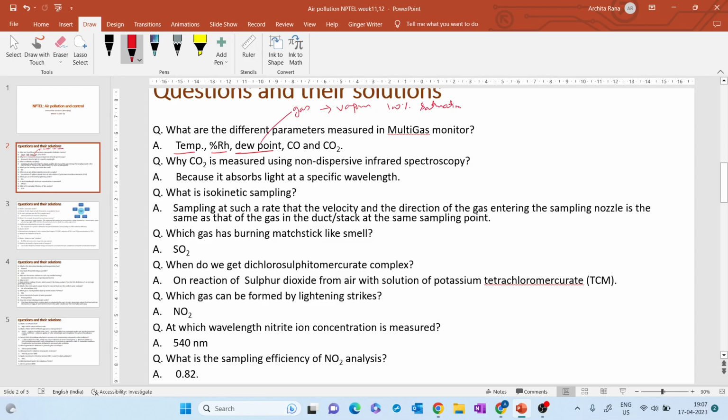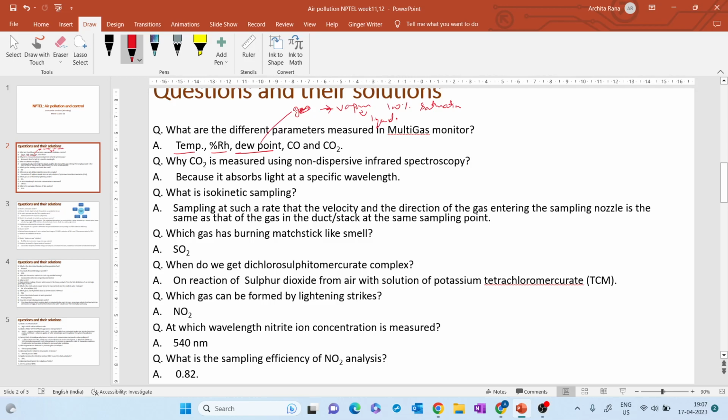So dew point is that temperature or point at which the vapor converts into the liquid, or condenses. Sorry, not the gas converting to vapor, but the vapor converting into the liquid. So that is what you call dew point.